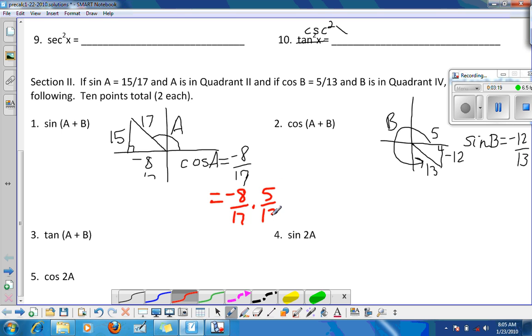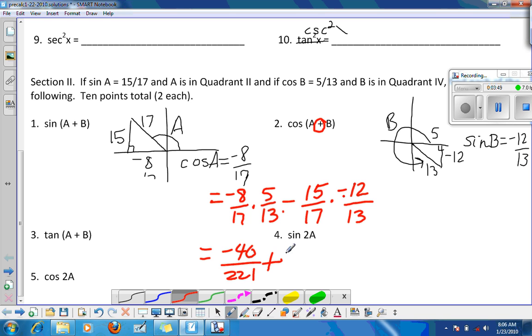In this case, it's minus the sine of A times the sine of B, negative 12 over 13. So again, being careful to simplify, negative 40 over 221, negative turned to negative is a positive, 15 times 12 is 180 over 221. So our answer to number 2 is 140 over 221.